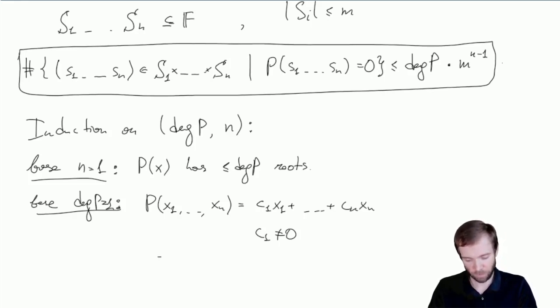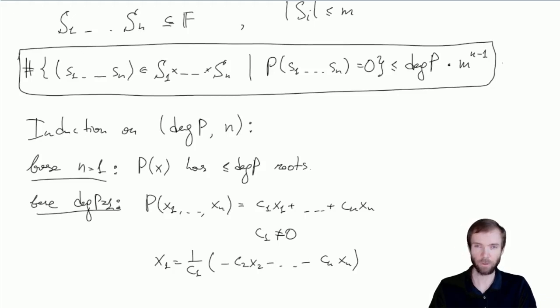For such tuples, x1 should be 1/c1 times (-c2 x2 - ... - cn xn). Now whatever values we choose for x2 through xn, for every such choice, this expression takes some value, and there's only one choice for the variable x1 so that this equality could hold.